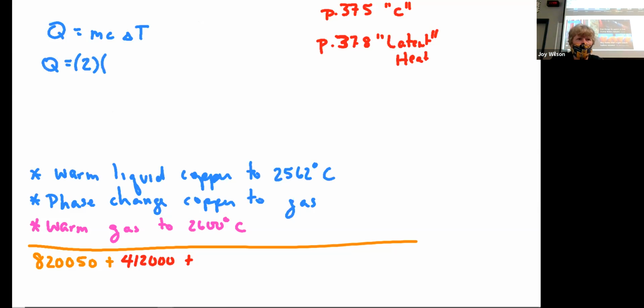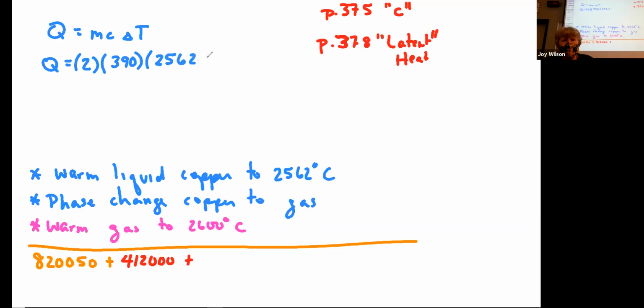Specific heat copper liquid, joules per kilogram Kelvin, 390. So the one for solid copper was 385. The one for liquid copper is 390. And how much are we changing the temperature? Oh, we got to get to 2562 from 1085.